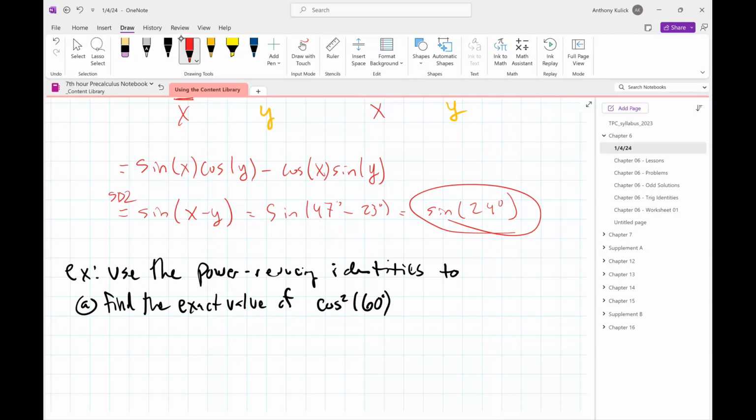I'm going to go to the power reducing identities on my back page. I'm going to locate the one I need, which would be which one? Excellent, because that's the one with cosine in it. So using that, I can say that's equal to 1 plus cosine of 2x. In our case, what is x? That's 60, right?